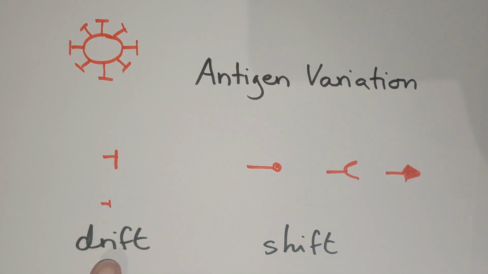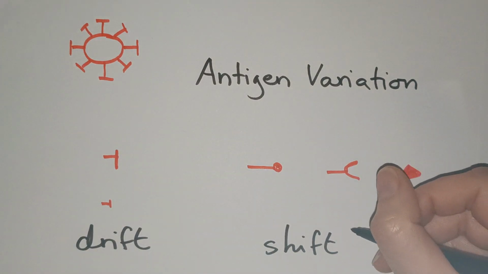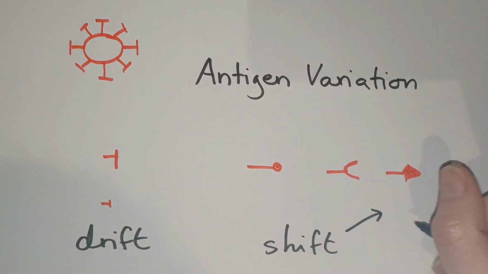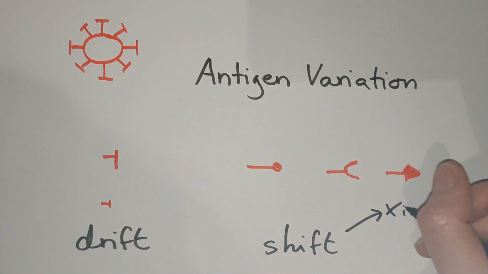So an antigenic drift might mean that you're still immune to that disease, and it won't cause particularly big problems to the population at large. However, an antigenic shift is going to cause difficulties, not only for one person, but for the population. That will mean that no one is immune anymore.